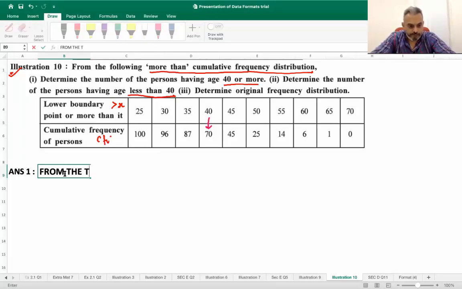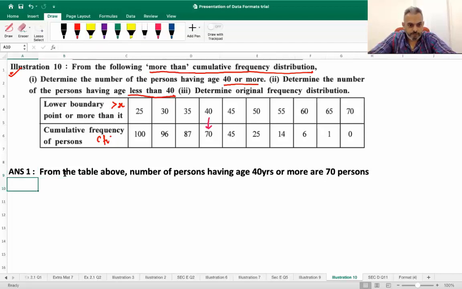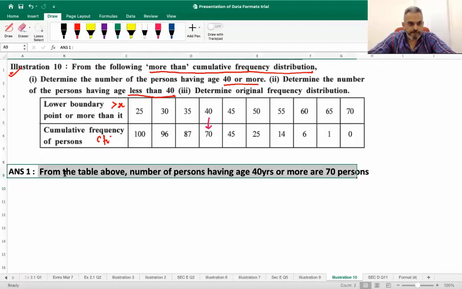From the table, number of persons having age 40 years or more is 70 persons. This is your first answer.